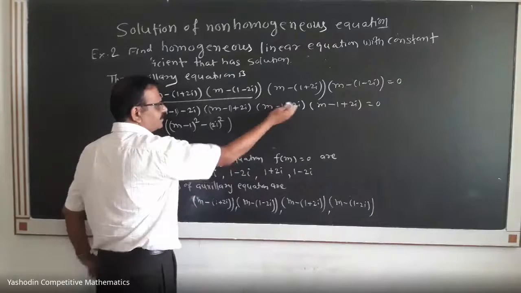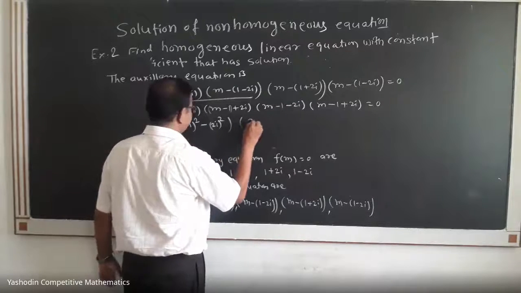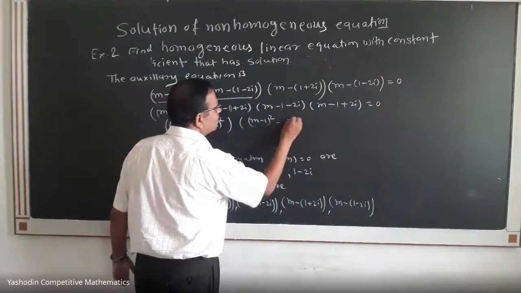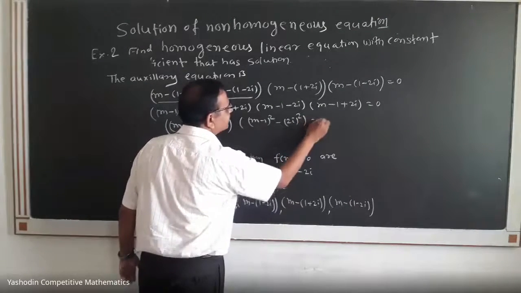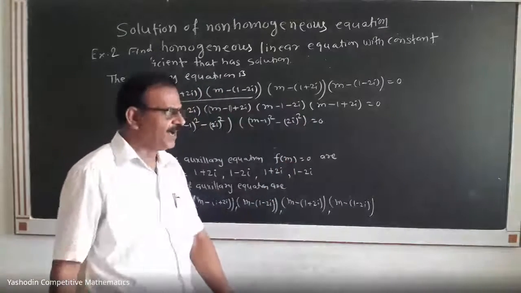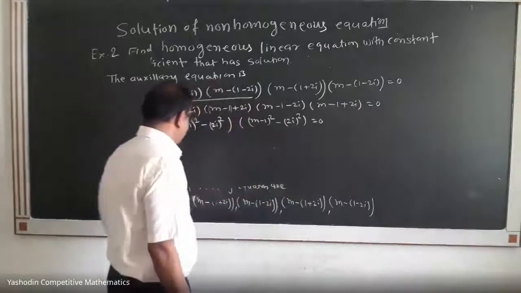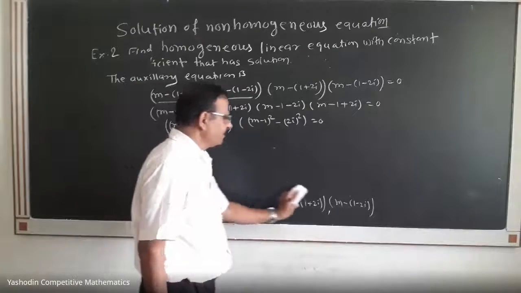Same for this second pair, (m minus 1) square minus (2i) square. But (2i) square equal to minus 4.